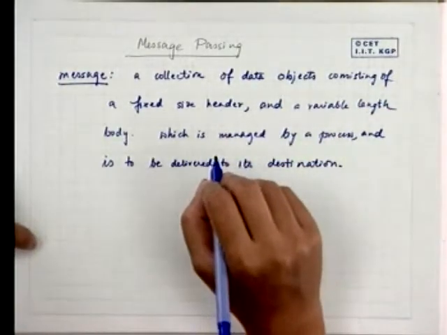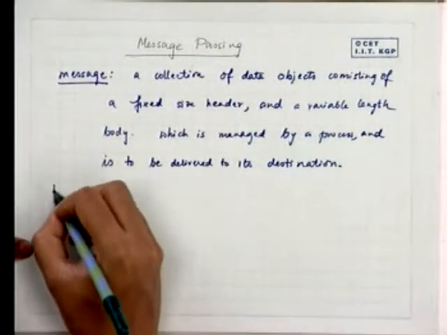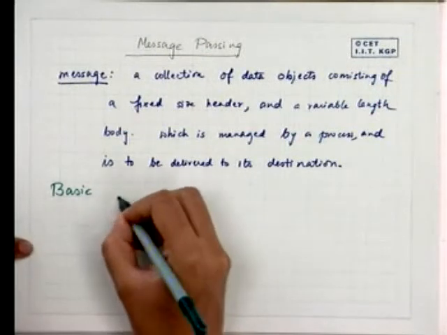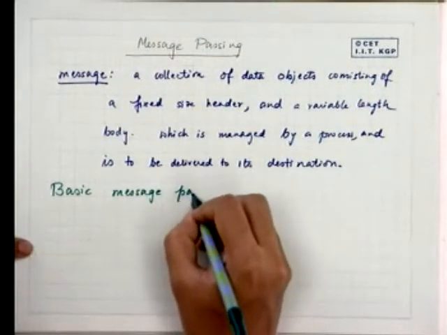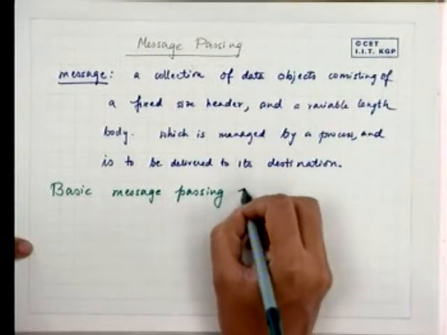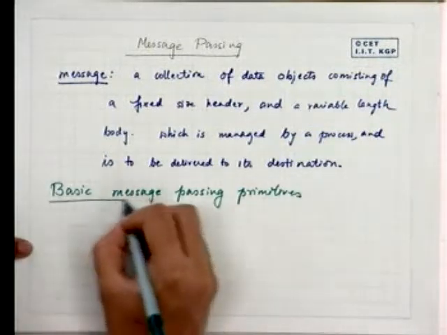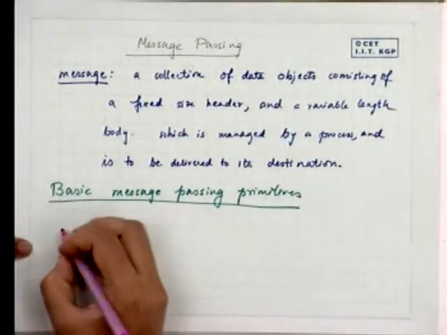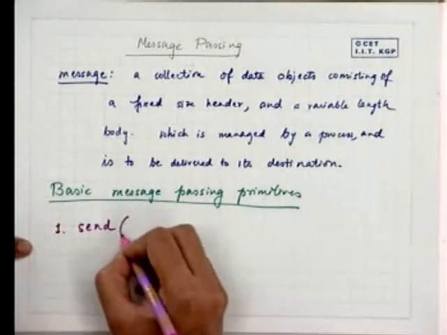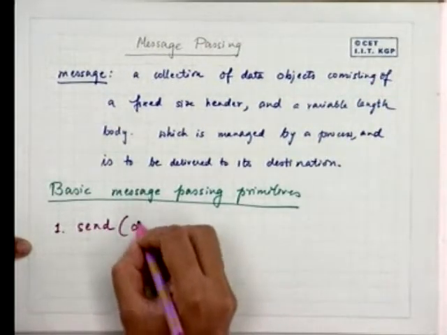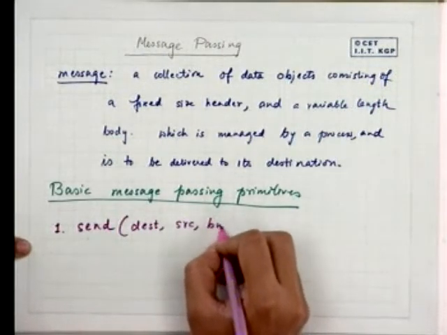There are two basic message passing primitives. Number one is send and number two is receive. Send has the syntax send(destination, source, buffer).